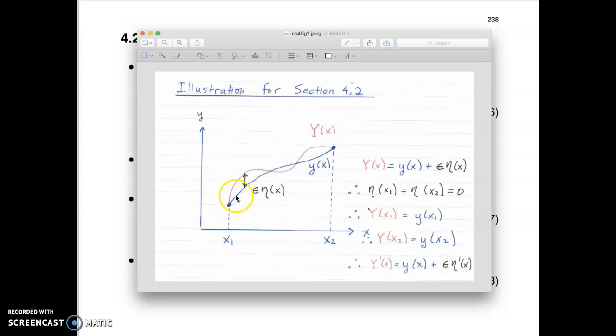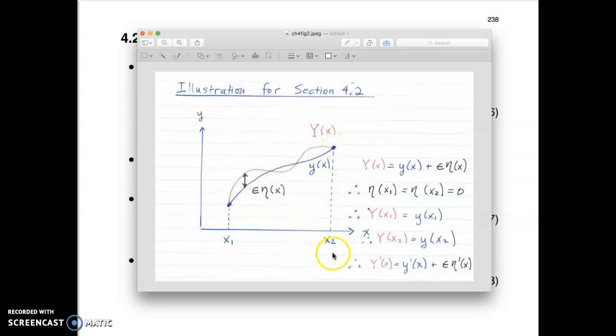If little y is the blue curve and big Y is the red curve, the difference between them is epsilon times eta, and eta is equal to 0 at x1 and x2, so obviously that means big Y is equal to little y at point 1 at value x1 and at point 2 at value x2.